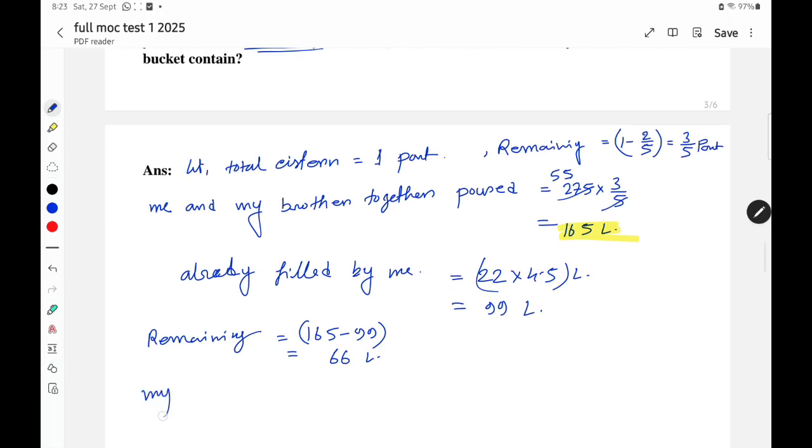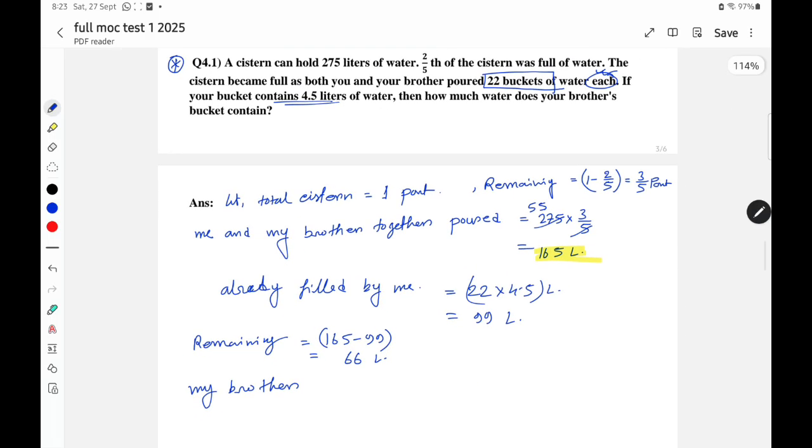So my brother, each bucket contains the total 66 liter divided by the number of buckets, so that means 3 liter. So this is the answer. 3 liter.